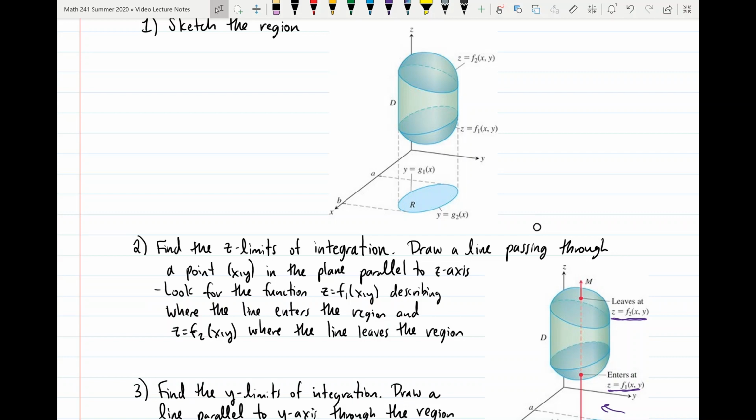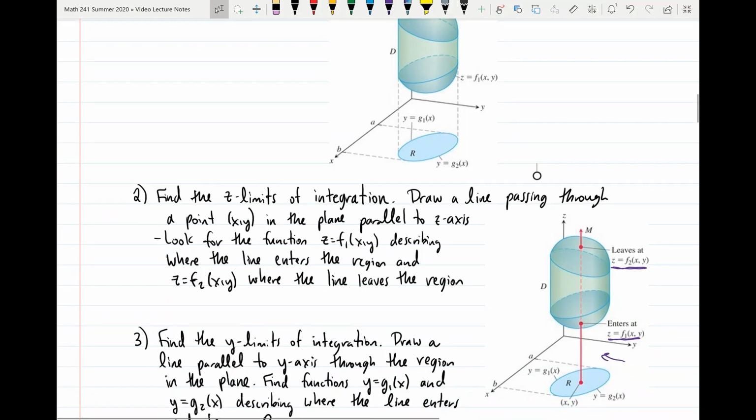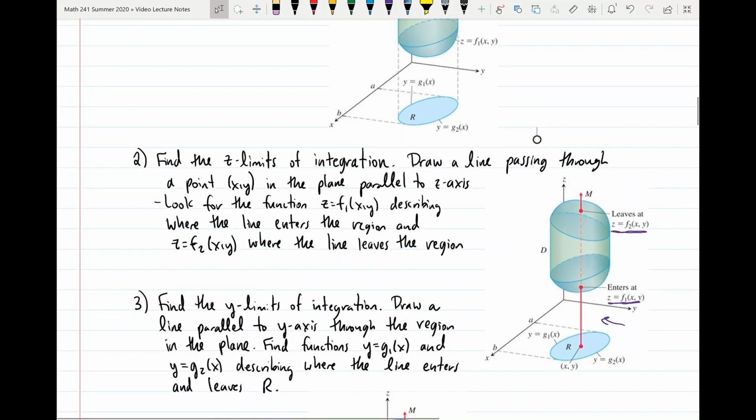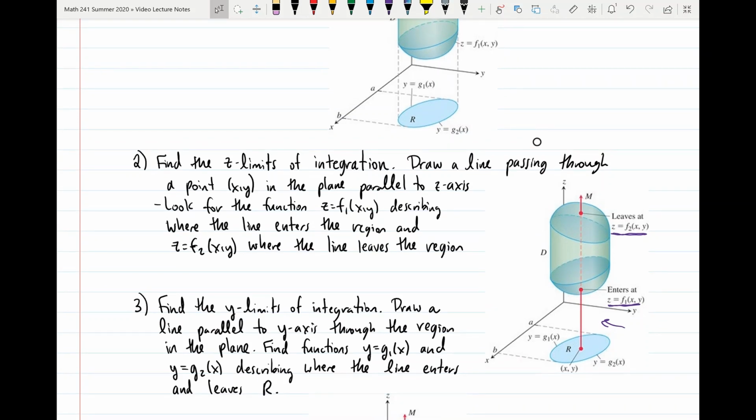Okay, so after we sketch the region, we have an idea of what this thing looks like. Because we're integrating with respect to z first, we first want to find the z limits of integration.